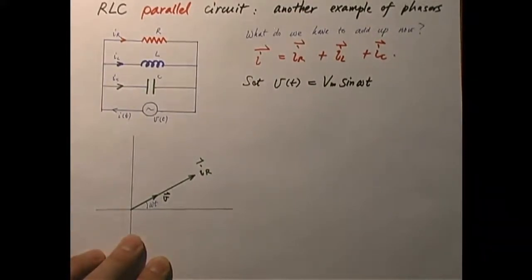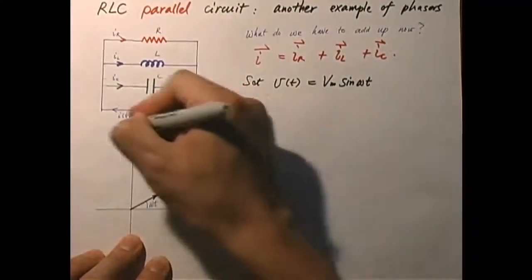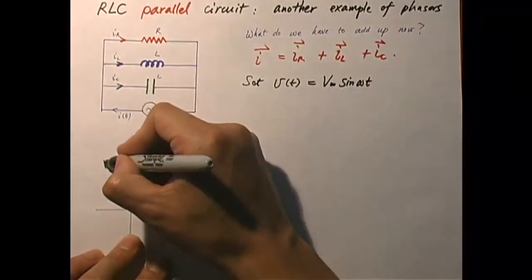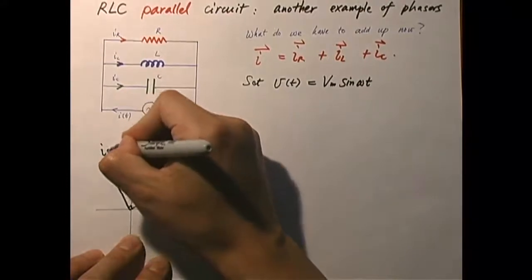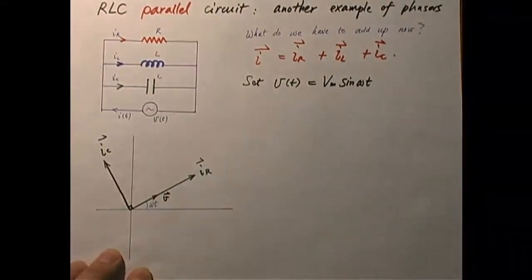You know that IC leads by 90 degrees. So I'm going to draw IC now. It's 90 degrees away from IR, so it is going forward because it leads, so it's there. I'm going to draw IC like this, 90 degrees. This is IC. Meanwhile, what about IL? IL lags behind IR by 90 degrees, so it goes the other way.